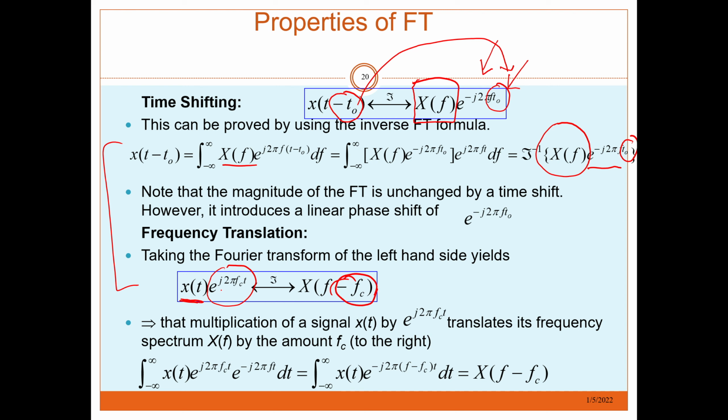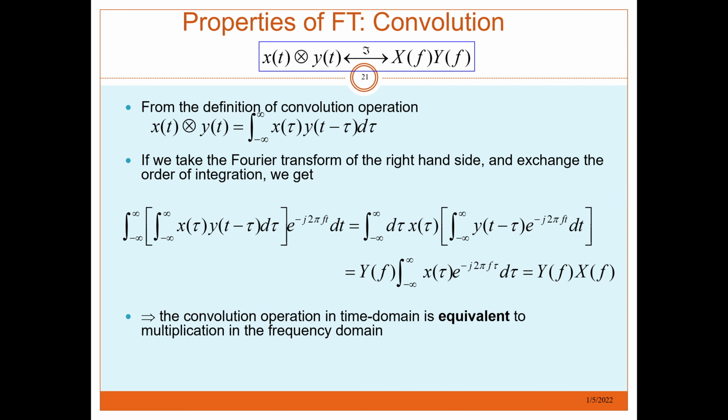So the multiplication of a signal by e to the j2 pi fc t translates or shifts its frequency by the amount of fc to the right.